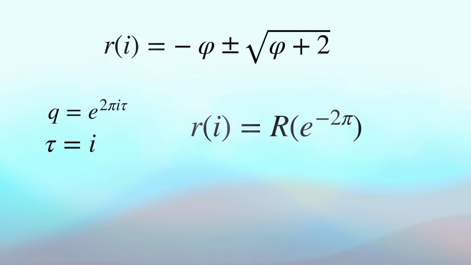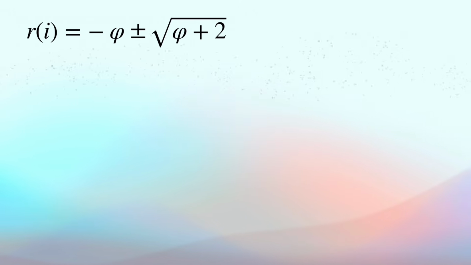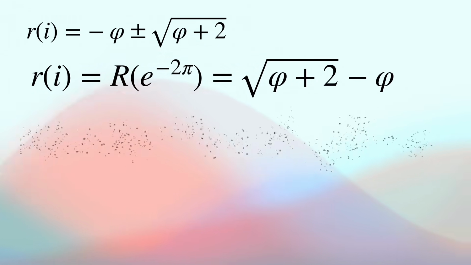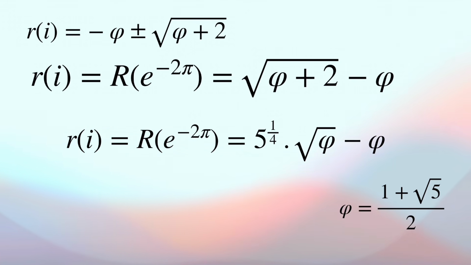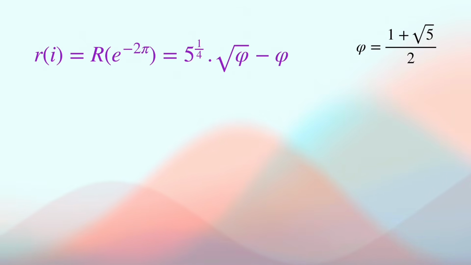And again, we want the positive root because this is going to represent a Q value of e to the negative 2 pi. So in the world of Q values, we have e raised to the negative 2 pi, a transcendental value. But it's producing a very algebraic output, one that involves the golden ratio, 1 plus radical 5 over 2.